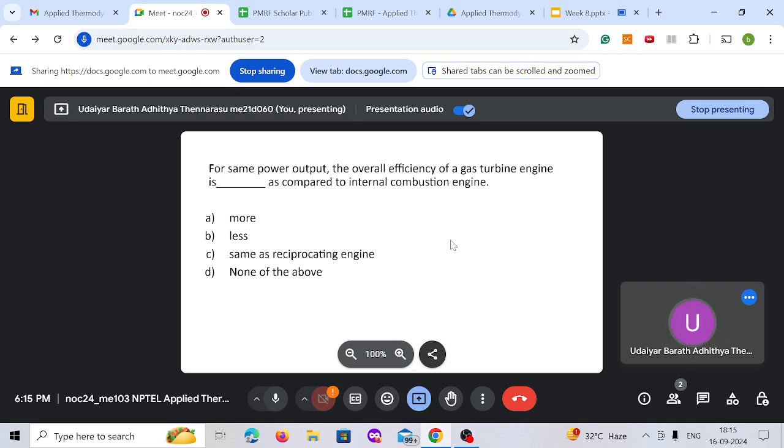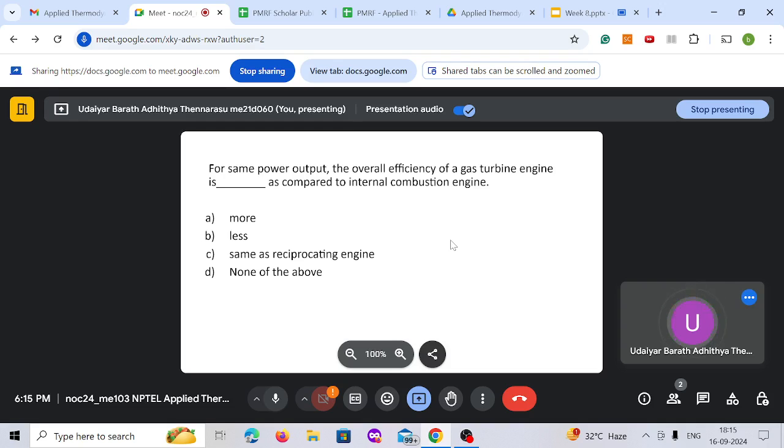Next question is, for the same power output, the overall efficiency of a gas turbine engine is dash as compared to an internal combustion engine. A. More. B. Less. C. Same as a reciprocating engine.